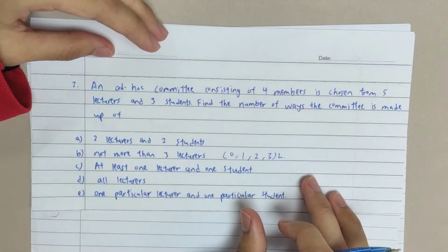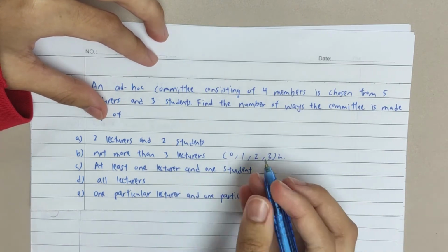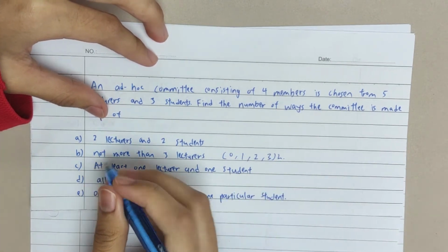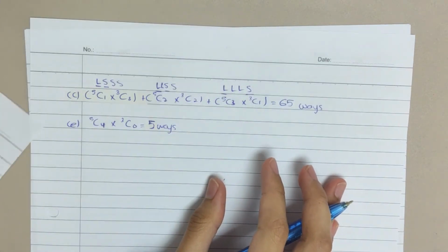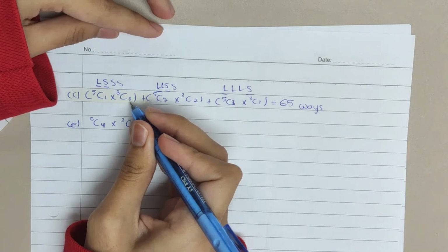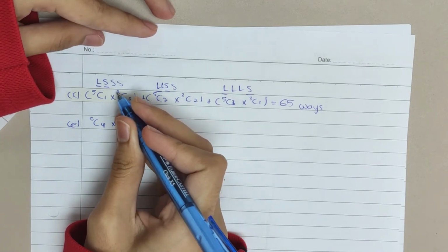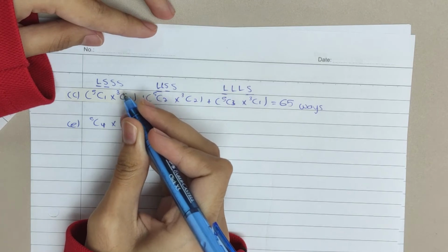So for the next question, it asks us to have at least one lecturer and one student in question C. So to solve this question, we will have one lecturer and 3 students in the first case, where we have at least one lecturer and one student, and the other space is occupied by 2 other students.